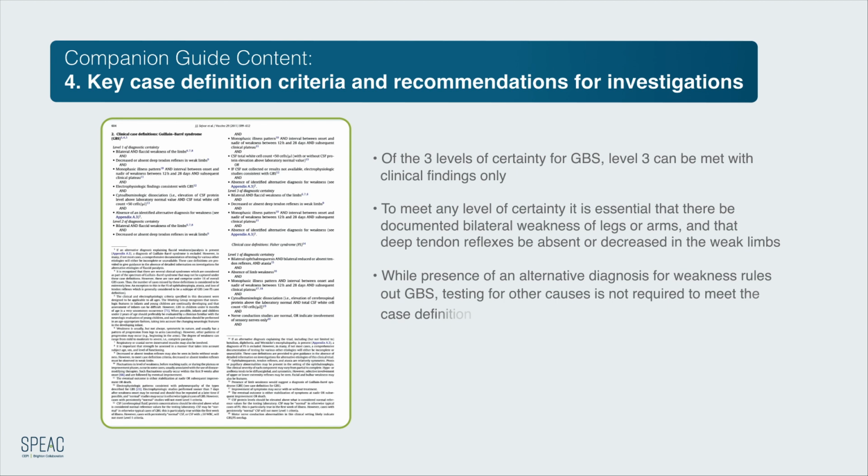Another key caveat is that while alternative diagnoses rule GBS out, the case definition doesn't require that testing for other causes be done. It also provides recommendations for investigation of cases that are identified in a clinical trial setting when real-time investigations can be undertaken. The recommendations for data collection and analyses of the adverse event itself, as made by the Case Definition Working Group, are also presented.